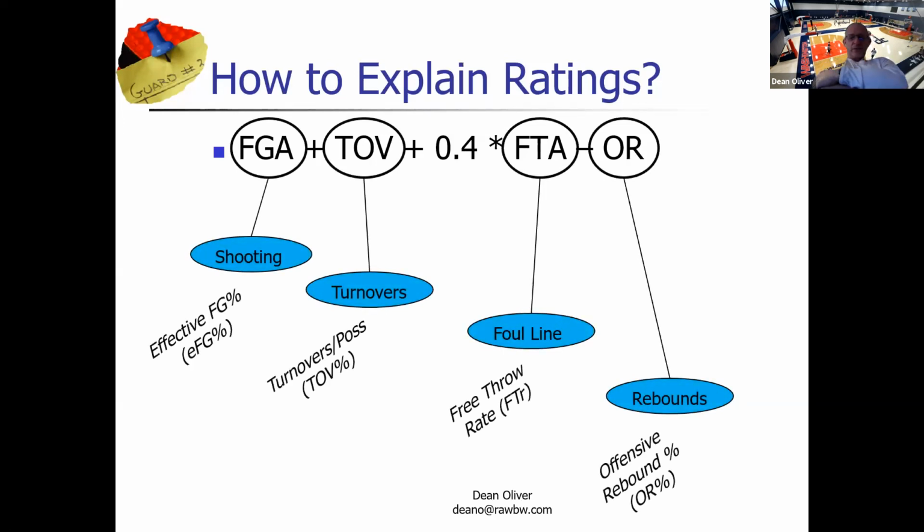Because if you break it down into the 4 different components of this equation, that first one represents shooting. Remember, you end a possession with a shot. Whether you make it or miss it is the first and the most important aspect of how you break down a team. The second component is turnovers, how often you turn it over. That's an important component. Then getting to the foul line and offensive rebounds. These are what are now called the four factors.